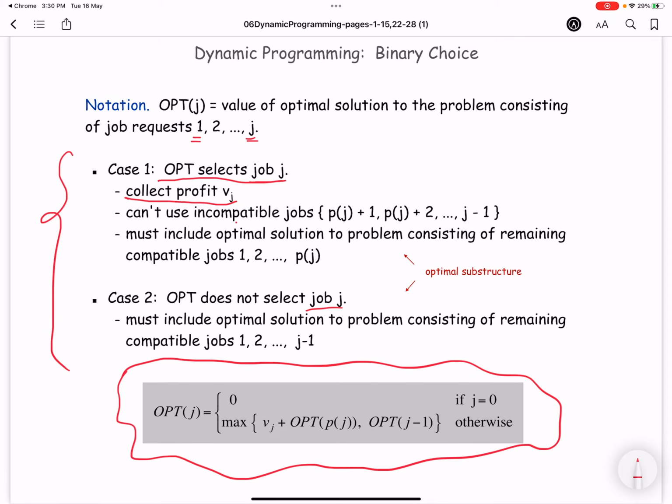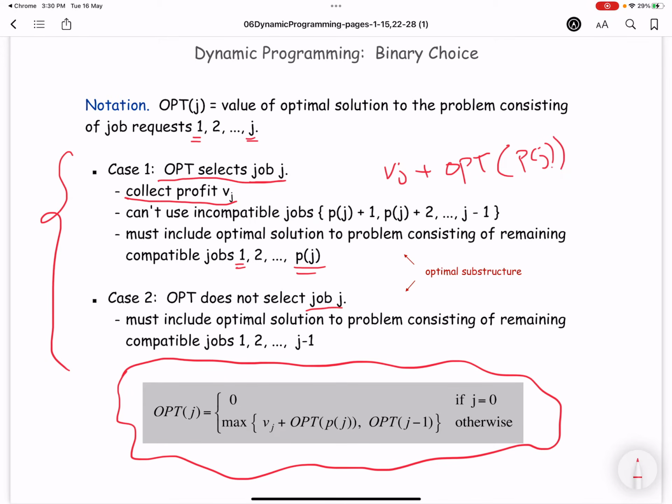And then I cannot use all the incompatible jobs with job J. So I have to delete all the jobs that contradict with J. So I only need to look at the jobs between 1 and Bj. So to compute the optimal, if I select the job, it will be Vj plus optimal of the previous instance, which is Bj.